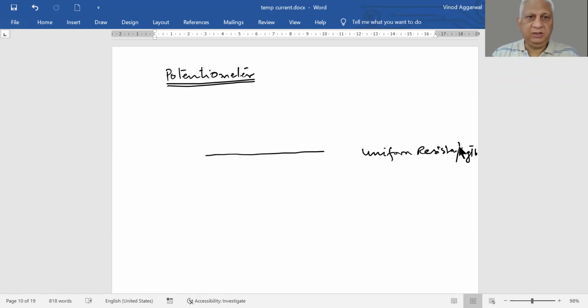Its resistance per unit length is constant. And then what you do is you attach a battery to it, of any EMF, let us say.